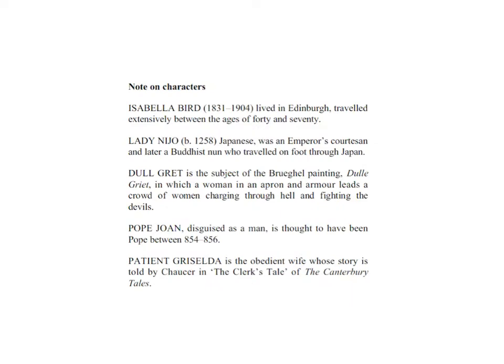Another challenge is dealing with this impossible opening scene with this mix of top girls, some of whom are historical figures like Isabella Bird and Lady Nijo, some who are purely fictional like Dull Gret and Patient Griselda, and then one, Pope Joan, who is my personal favorite, I think, whose existence seems to be more questionable or legendary.